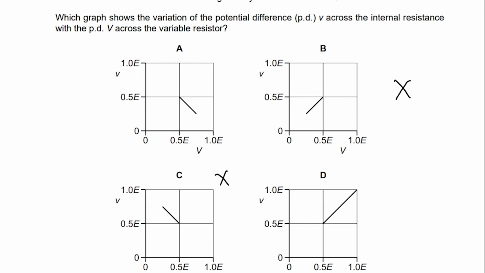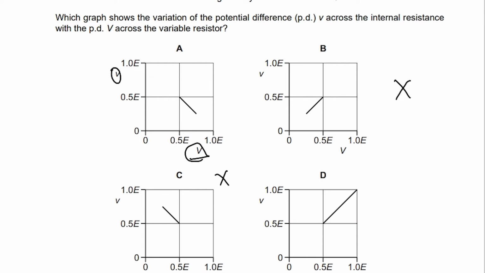And now we have option A and D. We have to check option A and D. Now it is obvious that when the potential difference across a variable resistor, capital V, will increase, the potential difference for the other resistance will obviously decrease, because in a series circuit the total EMF must be equal to the sum of the potential differences across the components or the resistors.